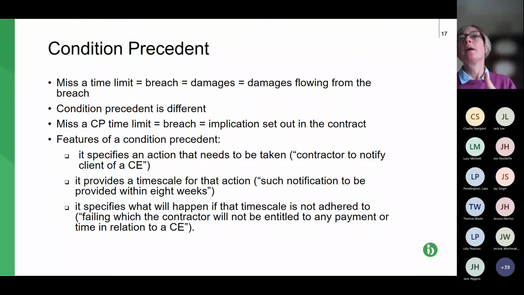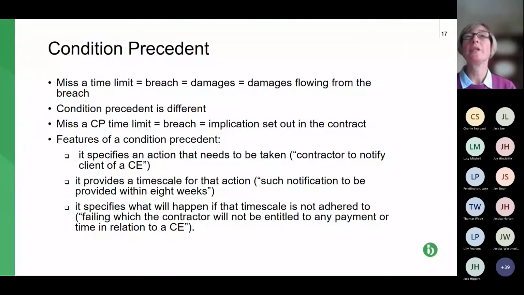A time limit, it requires a notice, and it specifically says that if that notice isn't given within the time limit, then the party notifying is not entitled to a remedy. So basically what it's saying is that if there's a breach of this clause, so not issuing the notice within the time limit, the implication of not complying is set out in the contract.